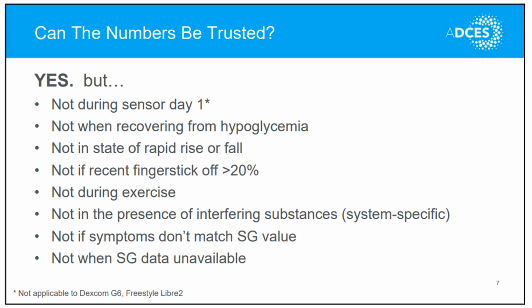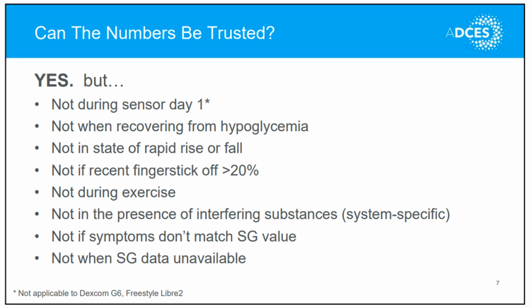And you're going to hear a lot from patients about the numbers being inaccurate, and can they be trusted? And so the numbers are good, and I'll get into that. They're good, particularly for an overall good view, but there are certain times that they're less accurate. And usually on the first day of using the sensor, the readings are just a little off.